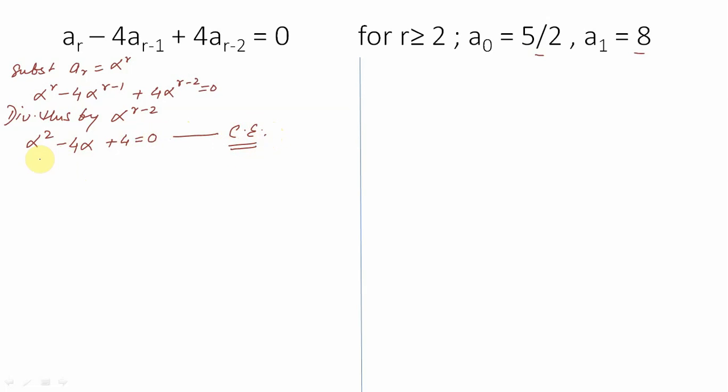Now, solving this characteristic equation, I get (alpha minus 2) whole square is equal to 0. So I have two roots, alpha is equal to 2 and 2. This is the case of real and equal roots. The root 2 is of multiplicity 2.